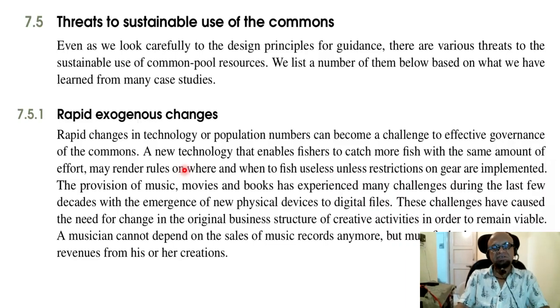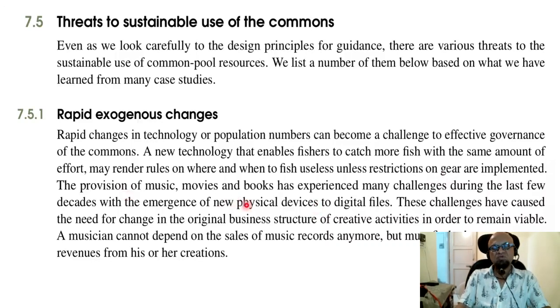Many examples exist. A new technology that enables fishers to catch more fish with the same amount of effort may render rules on where and when to fish useless unless restrictions on gear are implemented, and the gear can keep evolving, so the rules have to keep evolving.